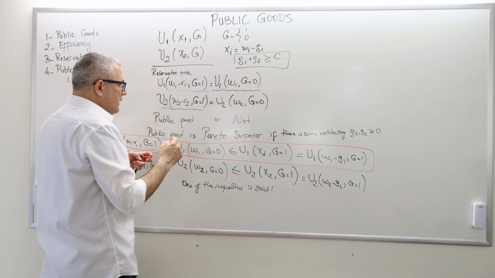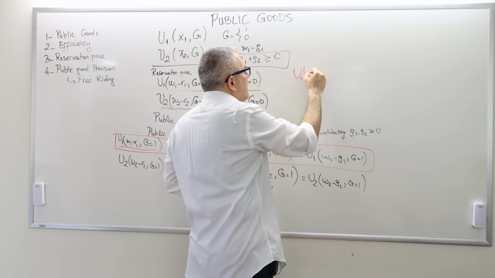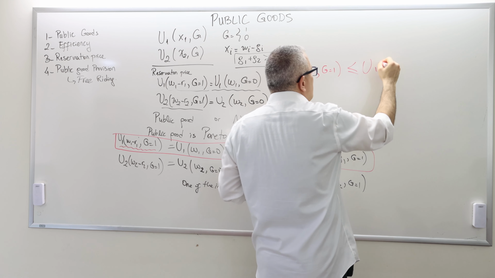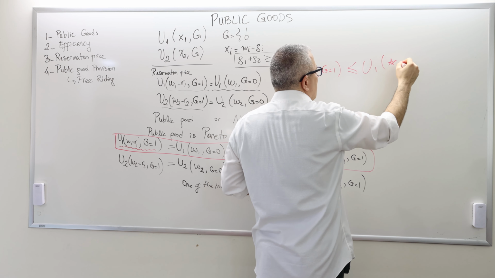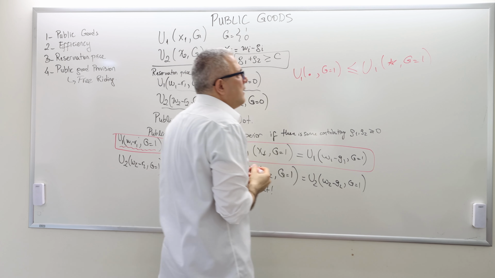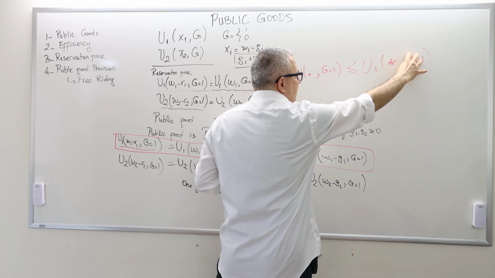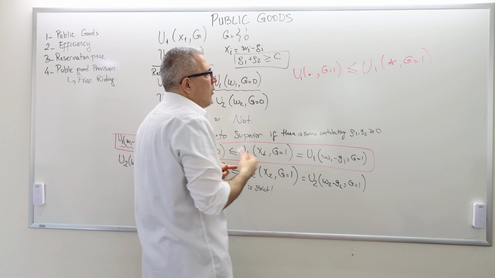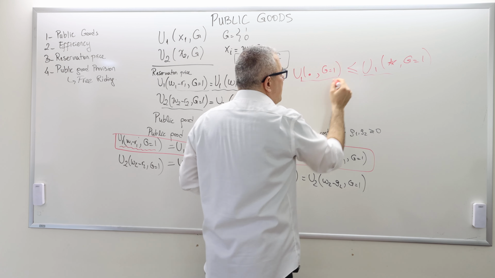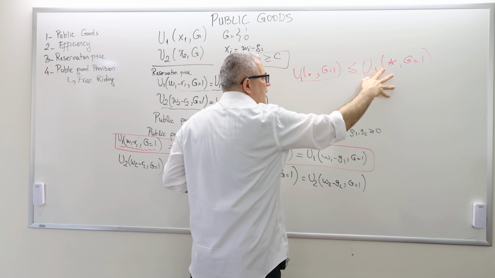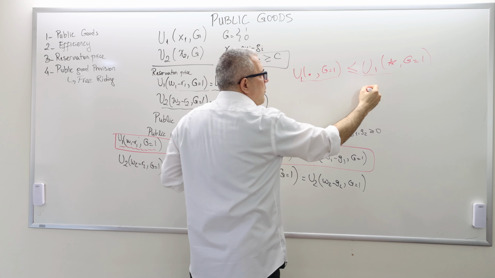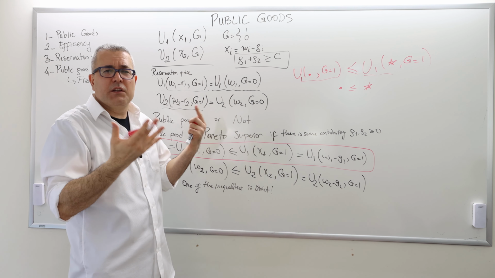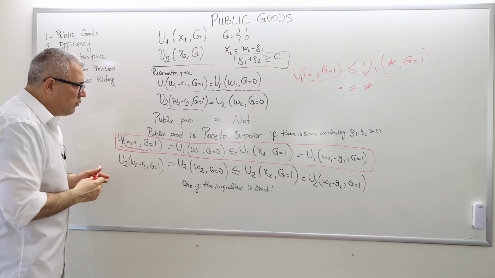So basically I have U1 of something, G equals 1, less than or equal to U1 of something else, let's put a star, G equals 1. The G's are the same; the dot and the star are different. What I know is that the utility functions are increasing. Therefore, if this utility value is higher than that one, then the star thing should be greater than the dot, because the utility functions are increasing.